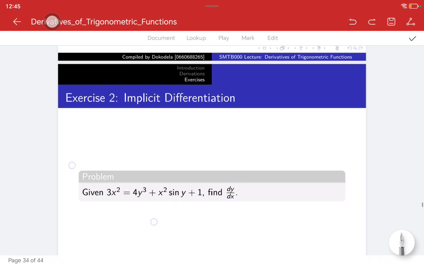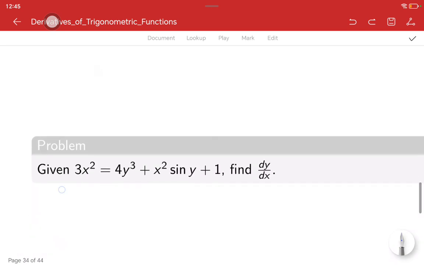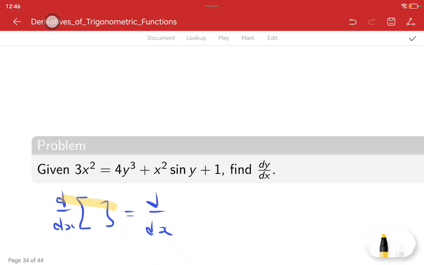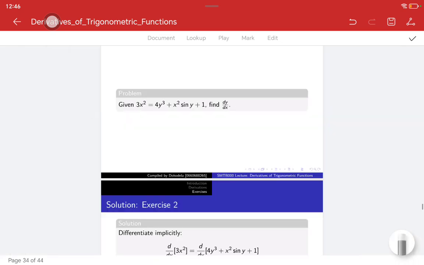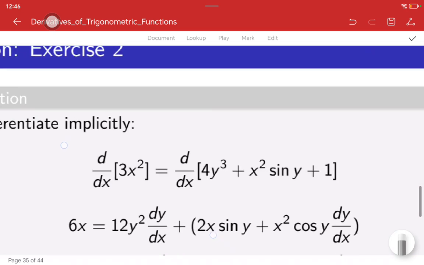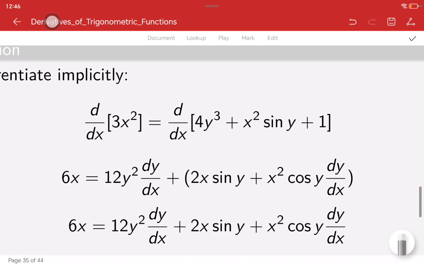With implicit differentiation, what you're going to do first is introduce d over dx on both sides. Looking at the left hand side first, we derive 3x squared and get 6x.